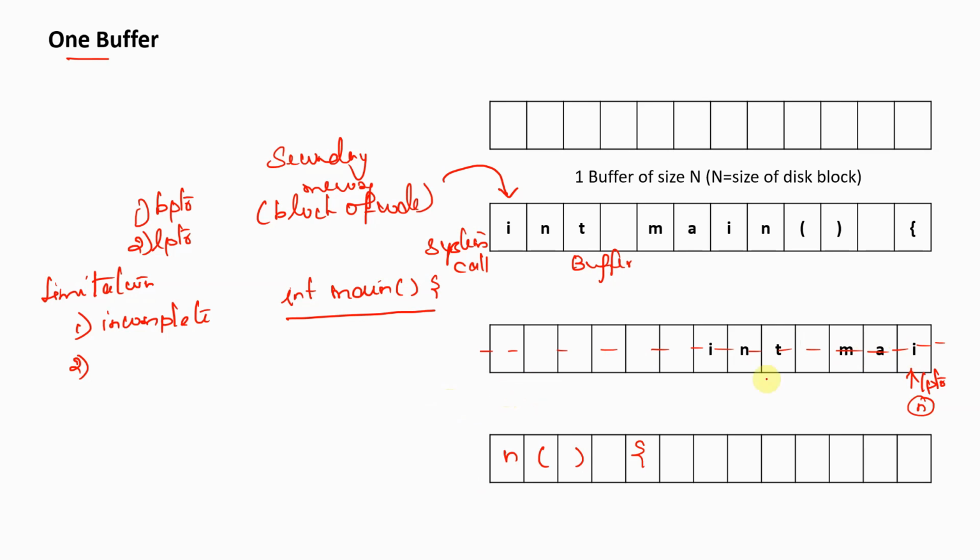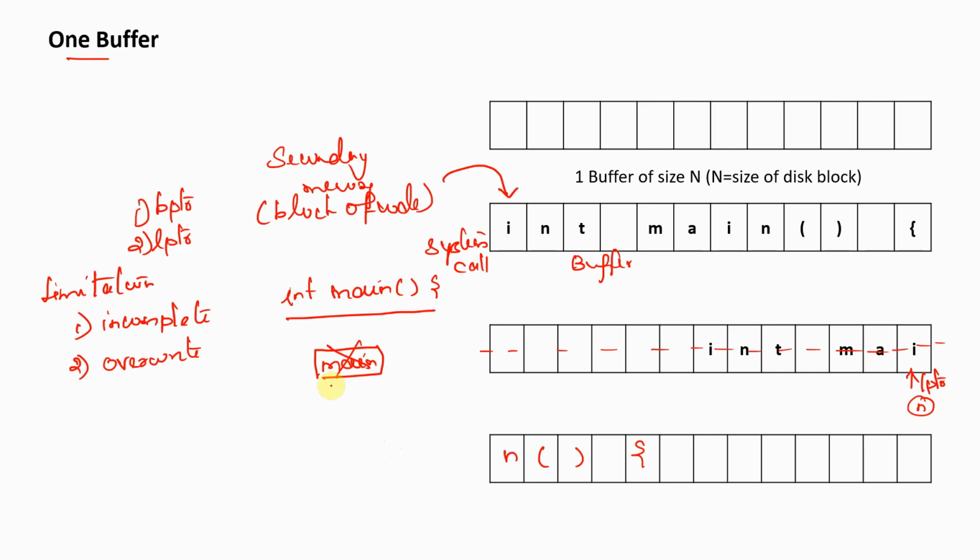I'm not able to get the proper token because it is incomplete: "mai" gets overwritten with a new set of characters inside my buffer. So I have an incomplete token, and I have overwritten the previous instructions with new ones, so I still cannot identify my token as main.